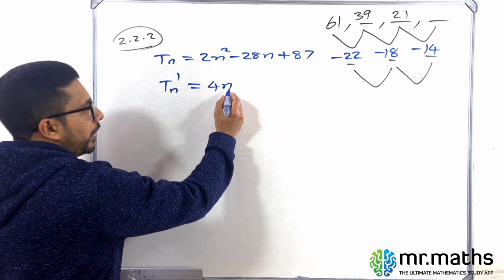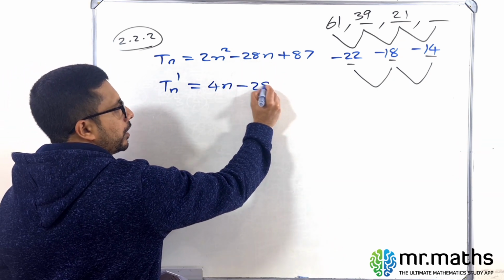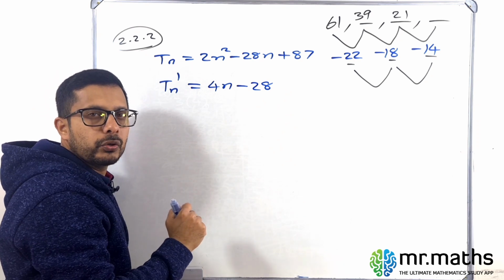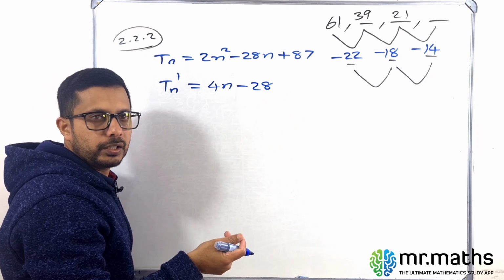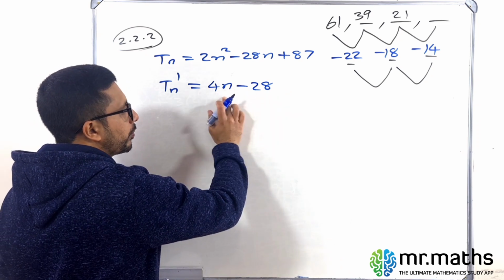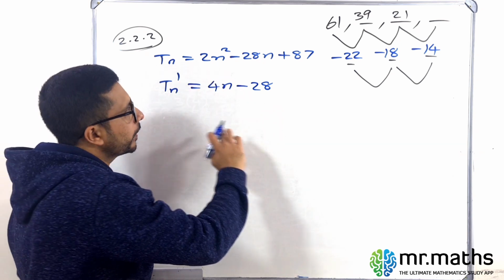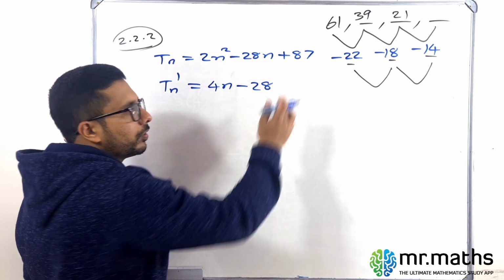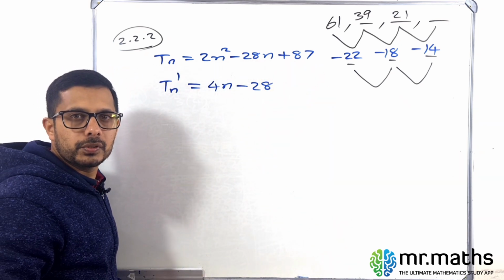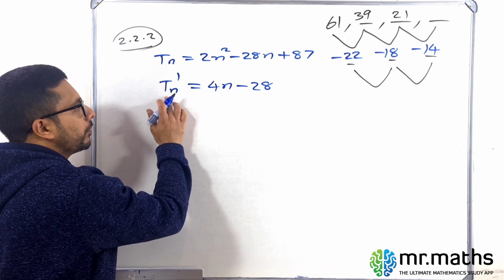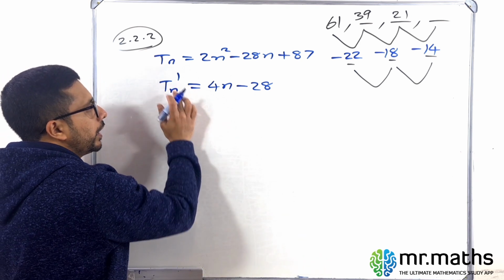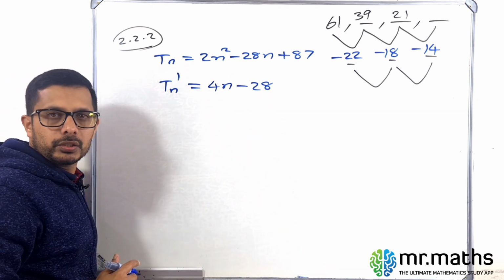Minus 28n, what is the derivative? Minus 28. I'm not going into much detail on that; those who want to know more, watch the calculus section. Then 87, a constant number, what is the derivative? 0. So that's all. The first derivative Tn dash is equal to 4n minus 28.